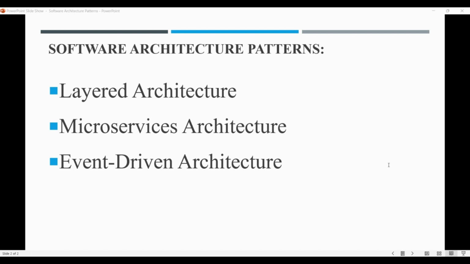So, in a microservices architecture, the application is basically divided into small, loosely coupled services that communicate with each other using simple, well defined APIs.